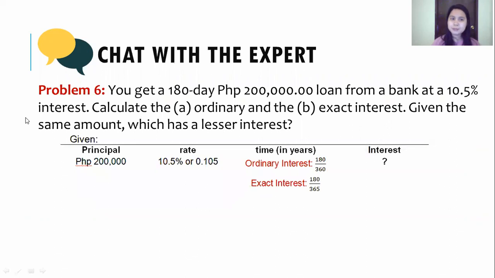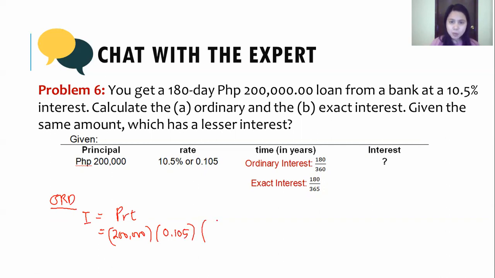Let's have this problem. You get a 180-day, 200,000 loan from a bank at 10.5% interest. We'll calculate the ordinary and the exact interest. Let's calculate first for the ordinary. It's going to be I equals PRT. Principal is at 200,000. Rate is at 0.105.